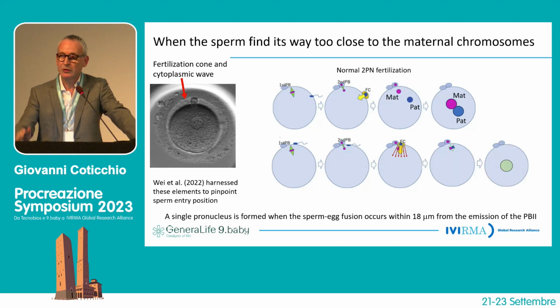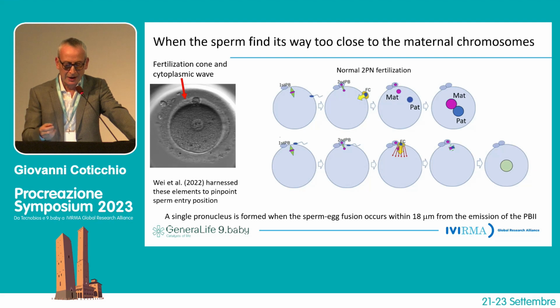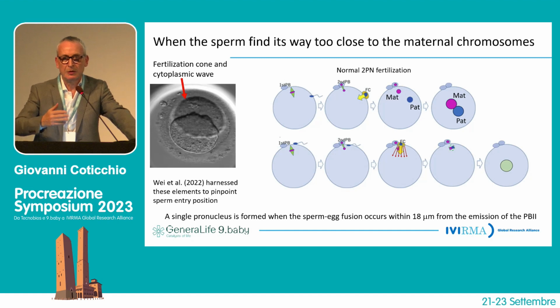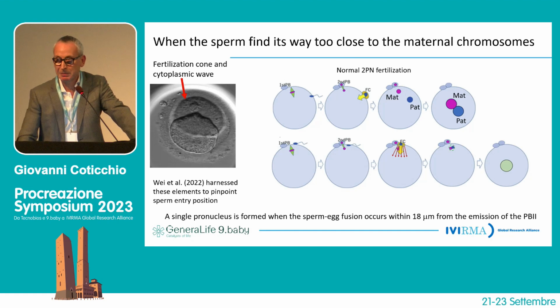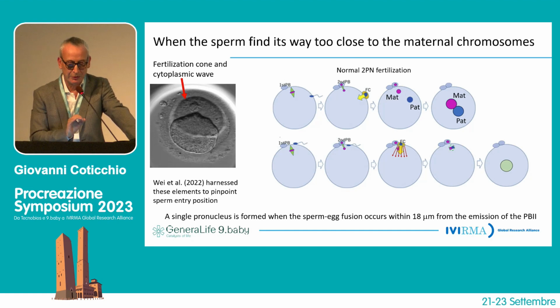And by looking at several examples of this manifestation, they were able to conclude, by morphokinetic analysis and observation of what occurs in the following stages after sperm-egg fusion, that a single pronucleus is formed when the sperm-egg fusion occurs within 80 microns from the emission of the second polar body.